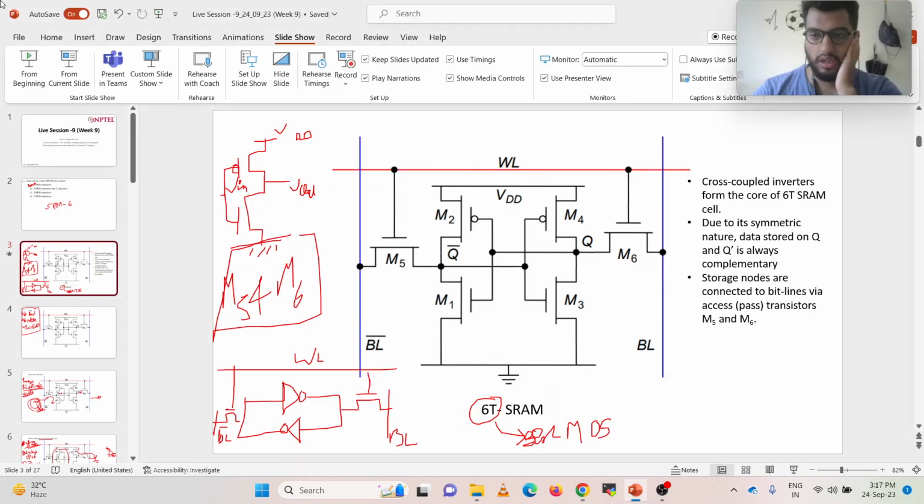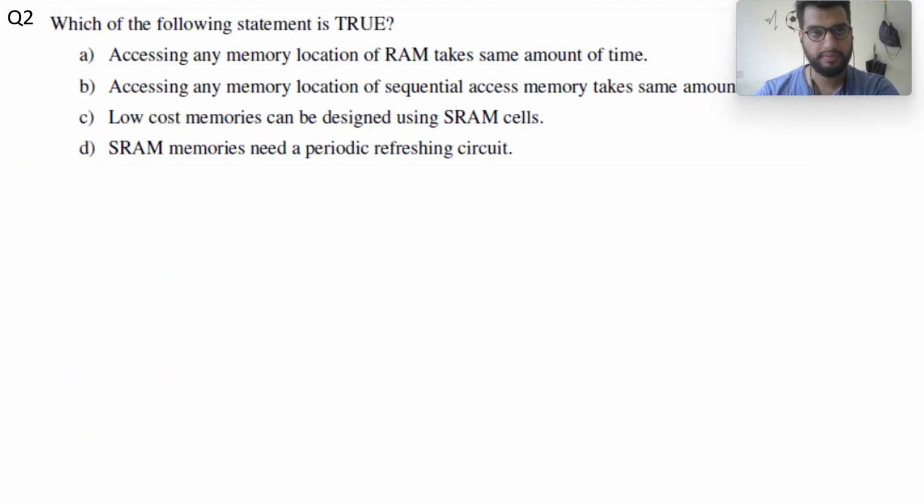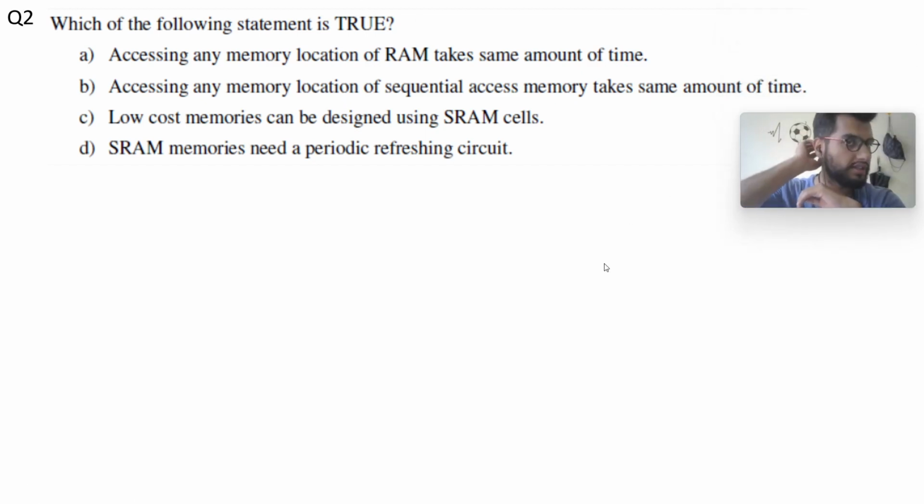Now we have question number two of today's live session. It states: which of the following statements is true? This is a simple true and false type question. Option one: accessing any memory location in a RAM takes the same amount of time. Accessing any memory location of a sequential access memory takes the same amount of time. Low cost memory can be designed using SRAM cells. SRAM cell memories need a periodic refreshing circuit.